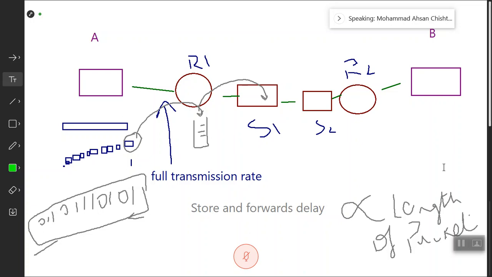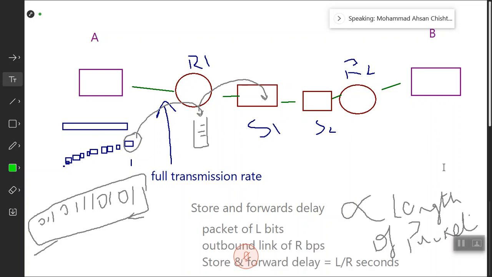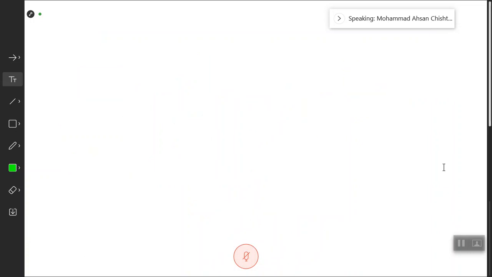Again, another thing that we have to see is that each router. Let's say I'm taking this router, not erased all of it. Let's say this is a router that we have.